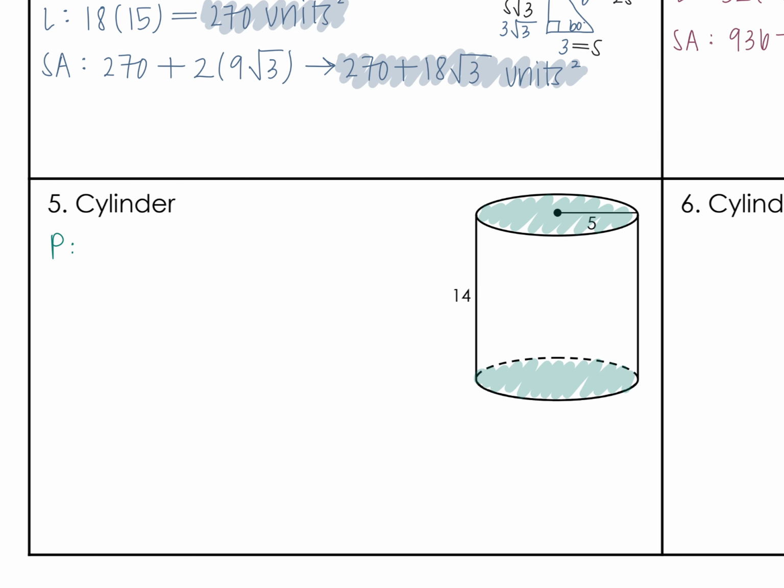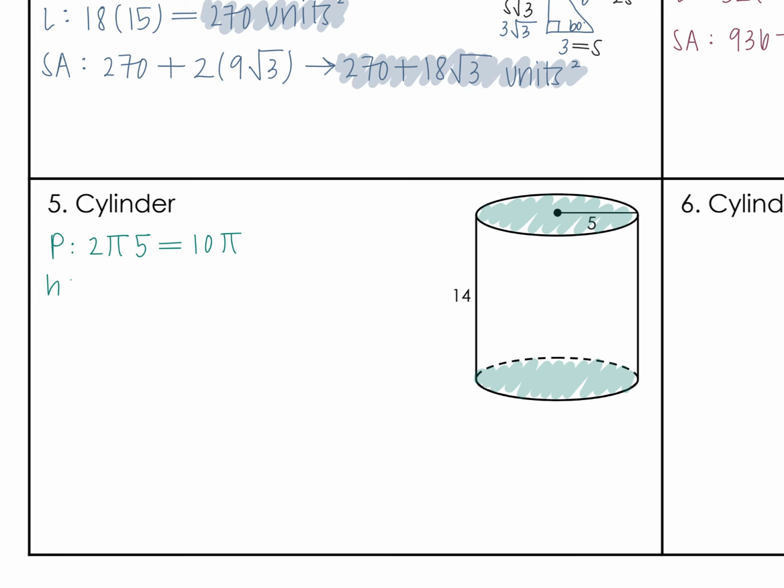So we would have 2 pi times my radius, which is 5. And that should give you 10 pi. For my classes, we like exact answers only in case you haven't picked up on that. So here we're going to leave it as 10 pi instead of multiplying 10 times 3.14 or 10 times the pi button in a calculator. This will leave us with our exact answers, which we prefer.